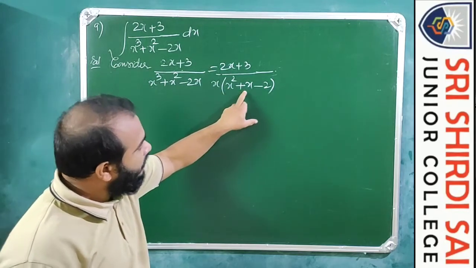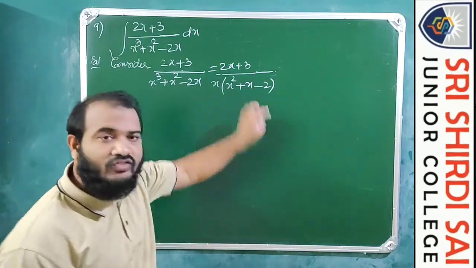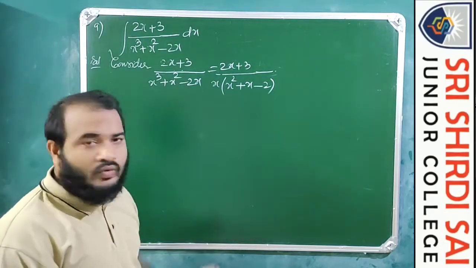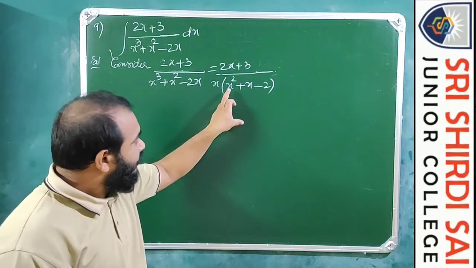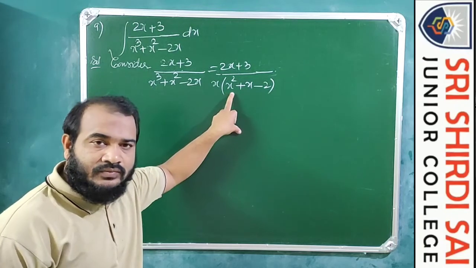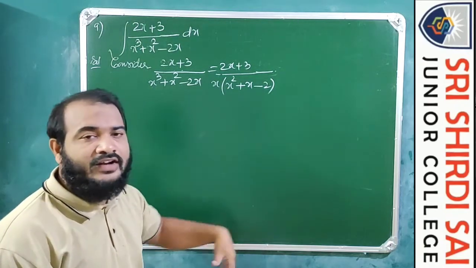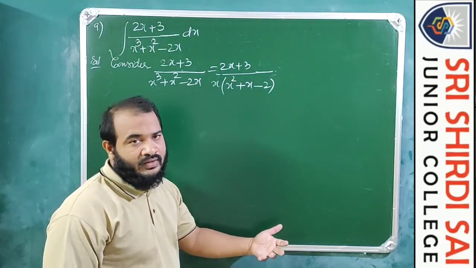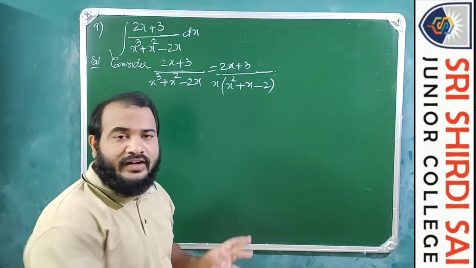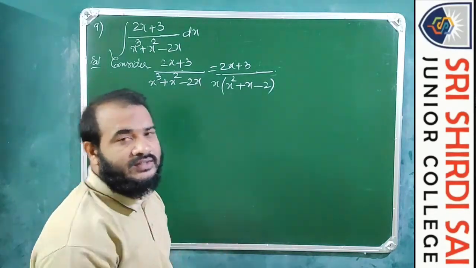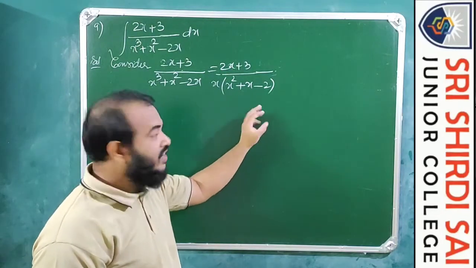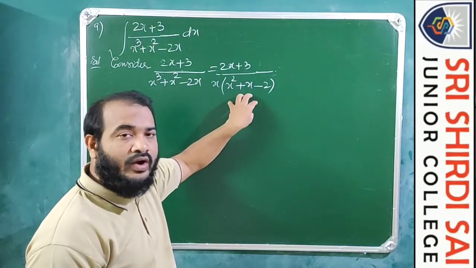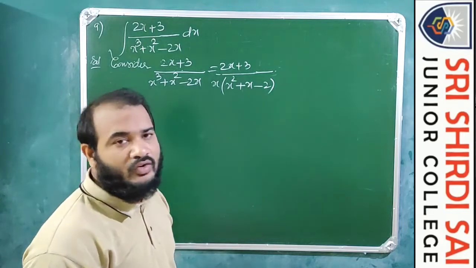As for x square plus x minus 2, first of all, it is a quadratic factor. Now the question arises as to which quadratic factor it is: irreducible or reducible. If it is an irreducible quadratic factor, it falls in type 3. So first let us examine whether it is an irreducible quadratic factor or a reducible quadratic factor.